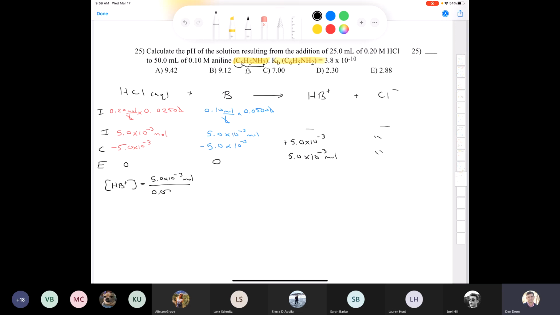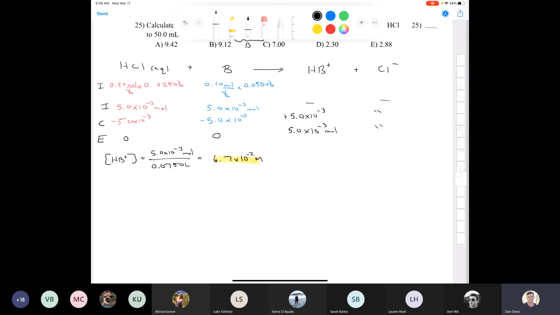And we end up with a concentration that is 6.7 times 10 to the negative 2 molar. I'm going to double check my calculation here. Sometimes I can't read my own writing. So 5 times 10 to the negative 3 divided by 0.075. Yes. There we go. So there's the concentration of our conjugate acid.